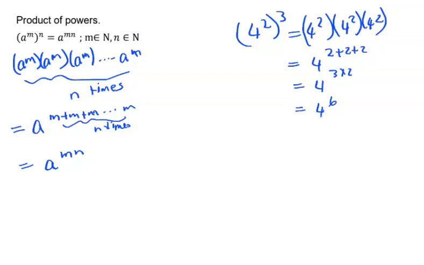So we will just use the rule, multiply the exponents, and then write the answer as 6. So that's a short way to do it.